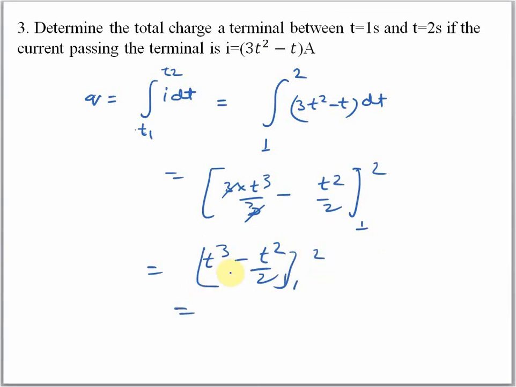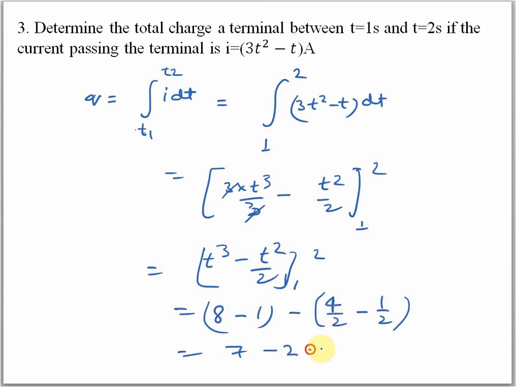Put the value 2: 8 minus 1, minus 4 by 2 minus 1 by 2. Here is 7, and minus 4 by 2 equals minus 2, and plus half. What is the value? 5 plus half, 11 by 2 coulomb. This will be the answer. Okay, thank you.